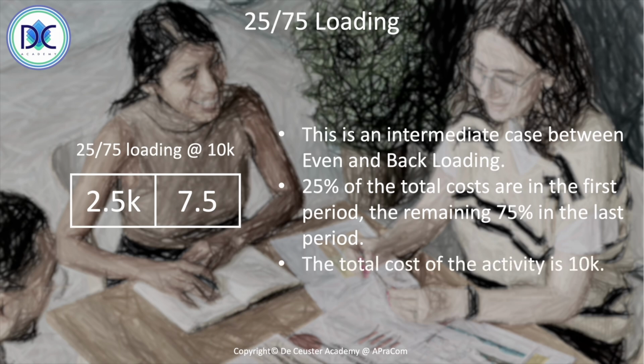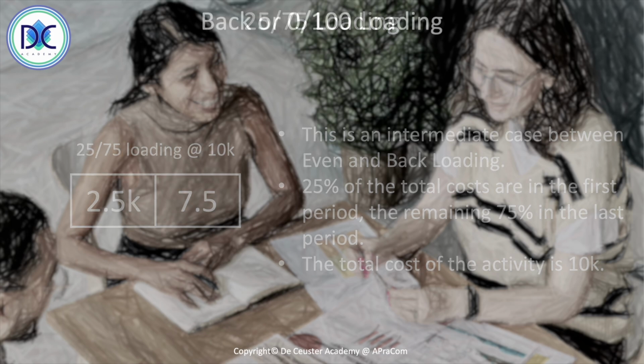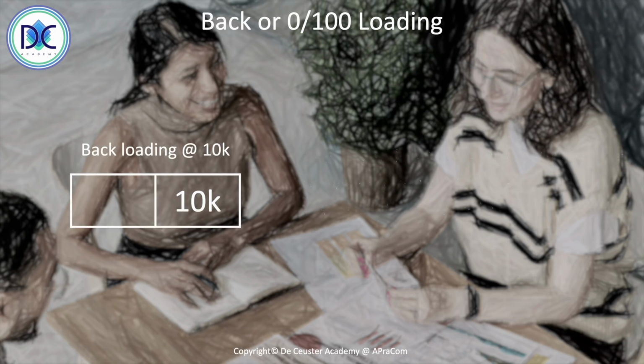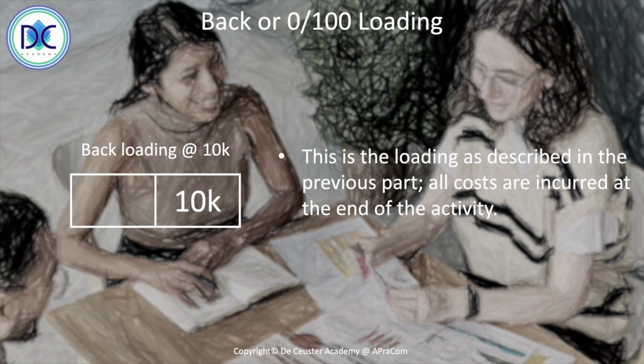The last one is the classical back, or in this case 0-100 loading, where we have the back loading. All the costs are in the second period and there are no costs in the first period. And of course, here again, the total cost of the activity is 10K. So this video gives you the ways how to deal with short duration activities.